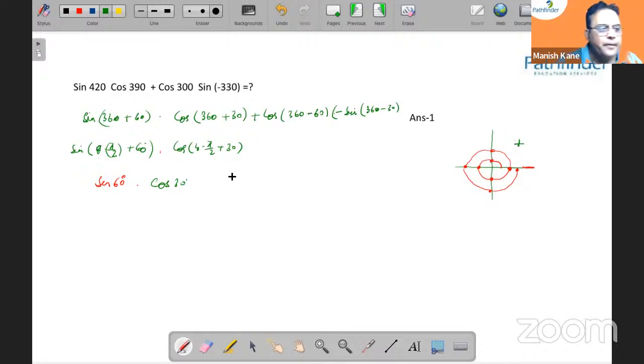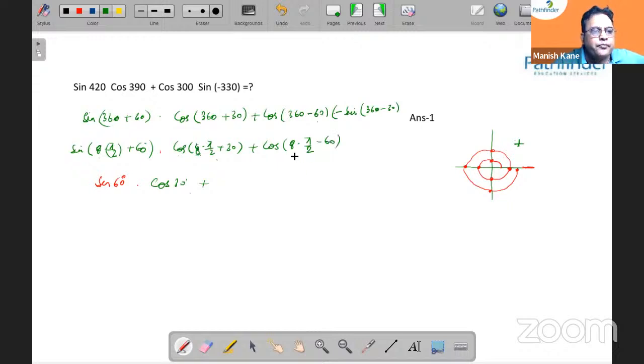And this is 4 pi by 2, so 4 is even. So cos will remain cos, so cos 30 plus cos of 360 minus 60. Now this is cos of 8 into pi by 2, and this also should be 8 minus 60.